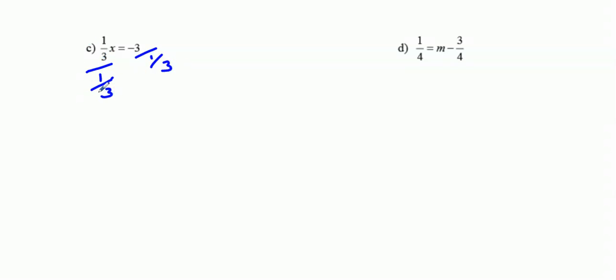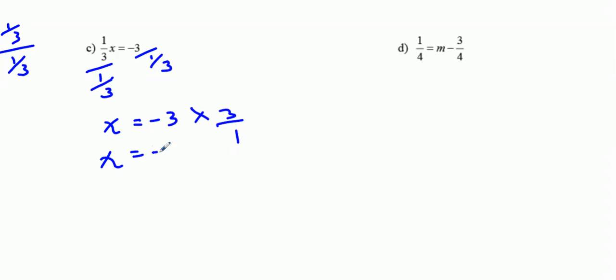So 1/3 divided by 1/3, well, that's something divided by itself. That gives you that 1, which just leaves you with the x. Now, negative 3 divided by 1/3. You can do that with your calculator. You can also just do this if you want: negative 3 times 3 over 1, when you flip the fraction and multiply.